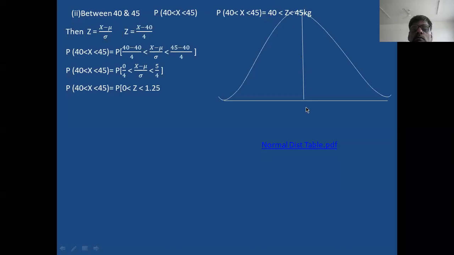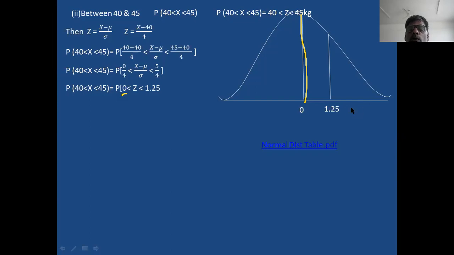This is the 0 line, and first value is 0. You see this value in your equation, first value is 0. So this is the 0 line. And second value is 1.25. 1.25 is plus. In the plus side, you draw another line. This is the second line for the second number, 1.25.